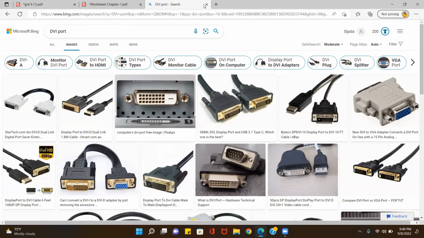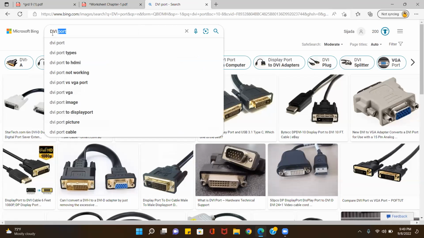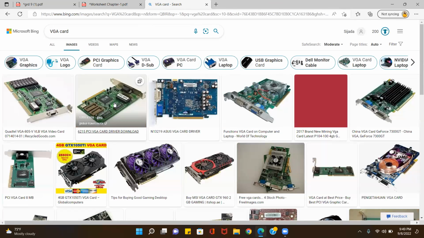Now, when you're buying a computer, say I am selling a desktop computer to you, the entire set. But inside my system unit, I have removed the VGA card. This is a VGA card. Will you be able to fix your monitor and use it if I have removed it?